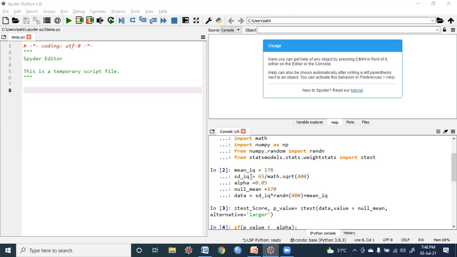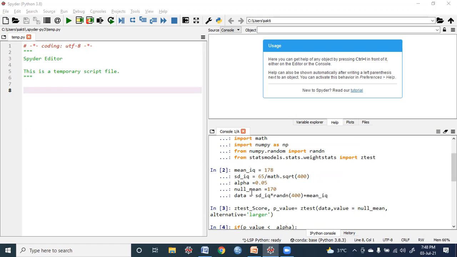First, let me assign the given values in the case to the related variables. I am taking the variable mean IQ equal to 178, then SD IQ is 65 divided by math.sqrt of 400, which is our denominator. Then the error rate is alpha, which is 0.05.